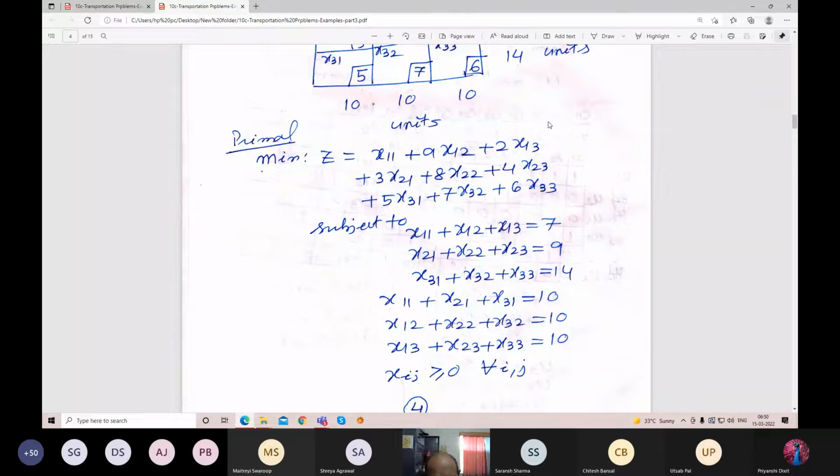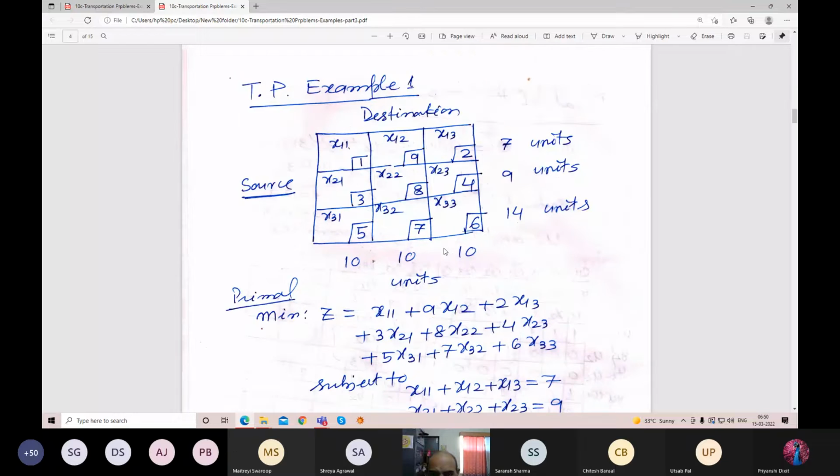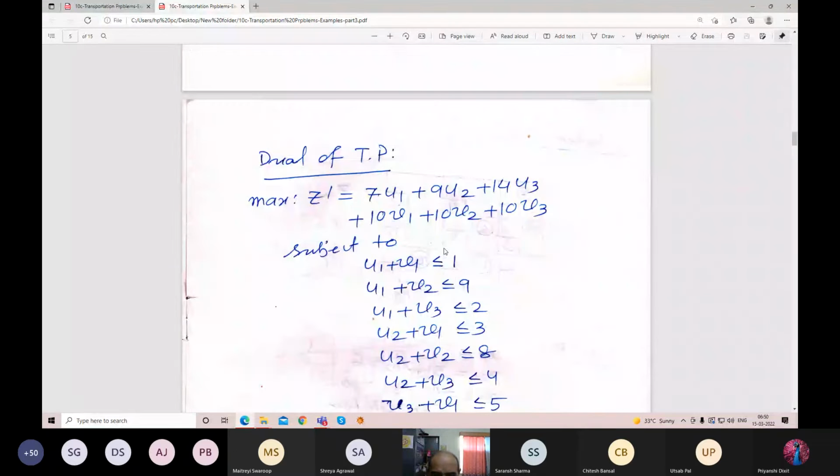If it is optimal, we stop. If it is not optimal, we try to improve it using Modi's method, the modified distribution method. That's all. Now, you can see here, with respect to this problem, we have a dual problem. So I am writing the dual problem also.